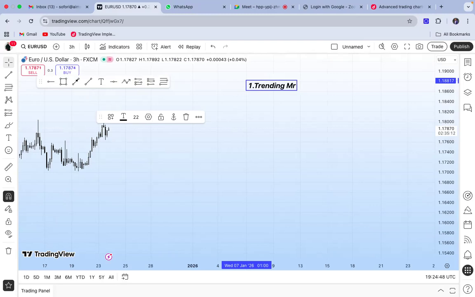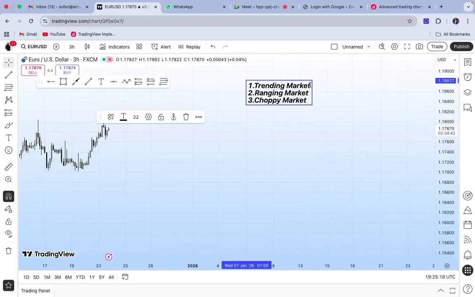Two, we have ranging markets. And the third one is choppy markets. We will emphasize more on the trending market, although we will mention a thing or two about the other markets, because we are going to trade the trending market.